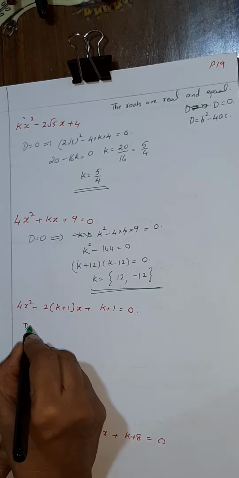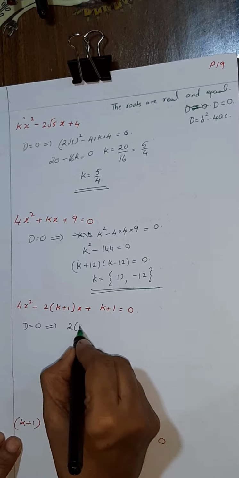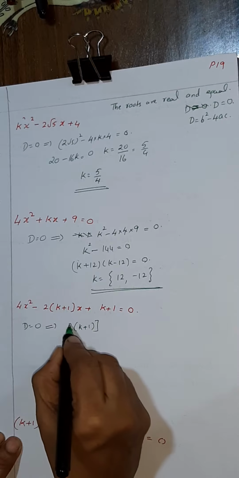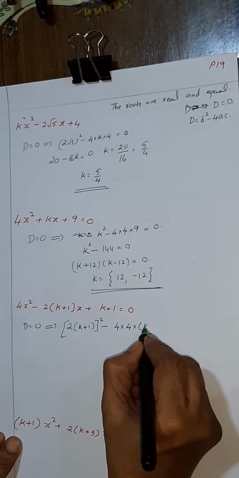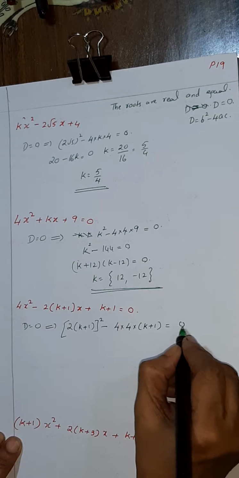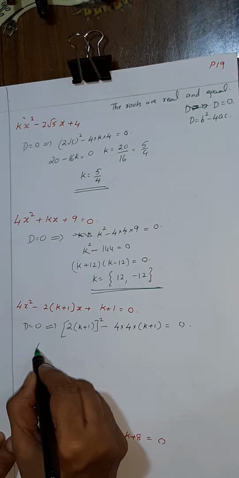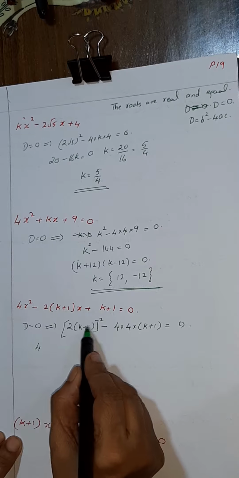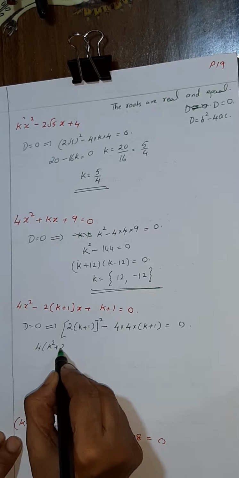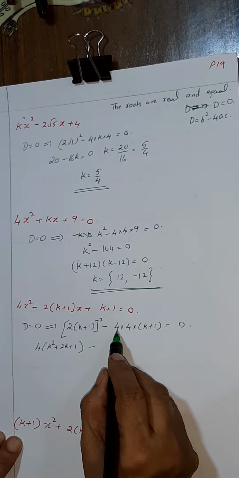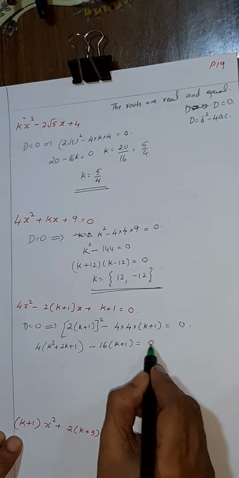Now here d is equal to 0. b squared is 2 into k plus 1 the whole squared, b squared minus 4 into k plus 1 equal to 0. So this will become 4 into k plus 1 the whole square, which will become k squared plus 2k plus 1, minus 16 into k plus 1 equal to 0.